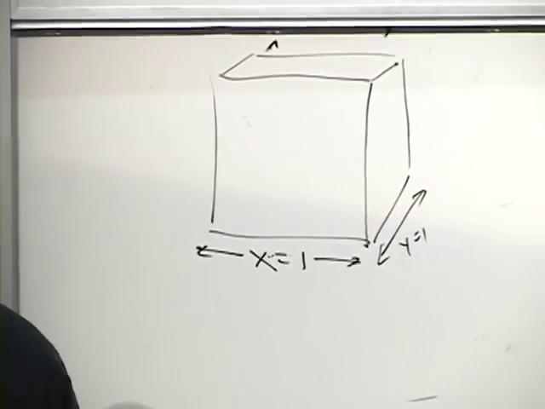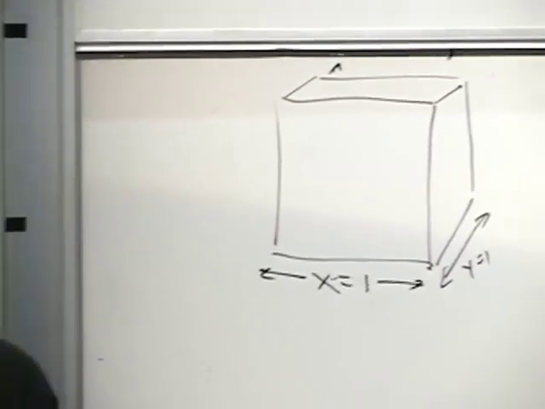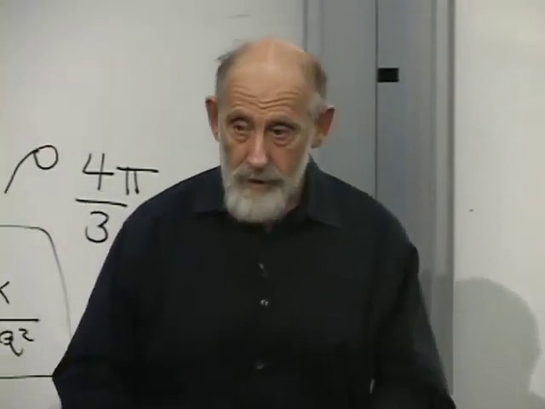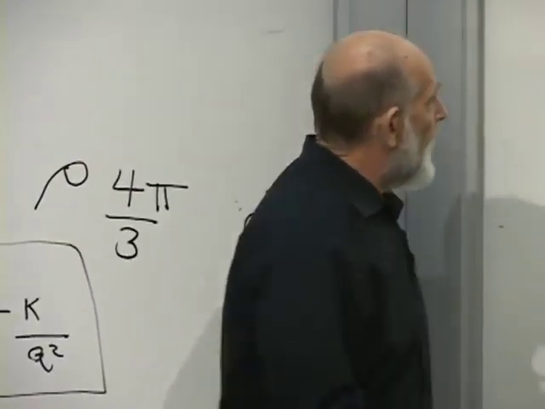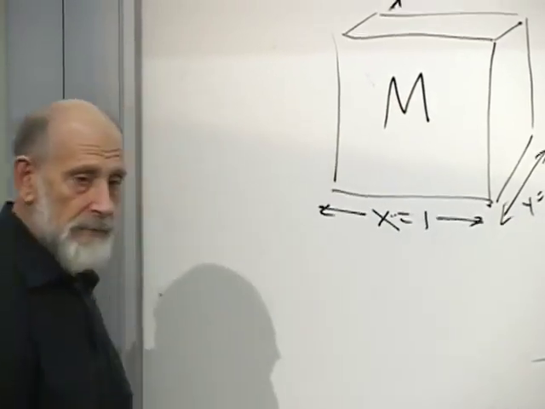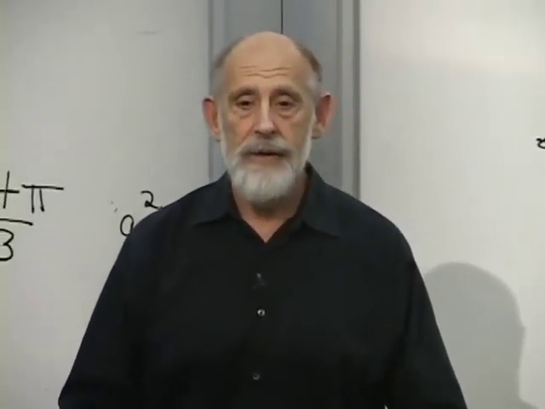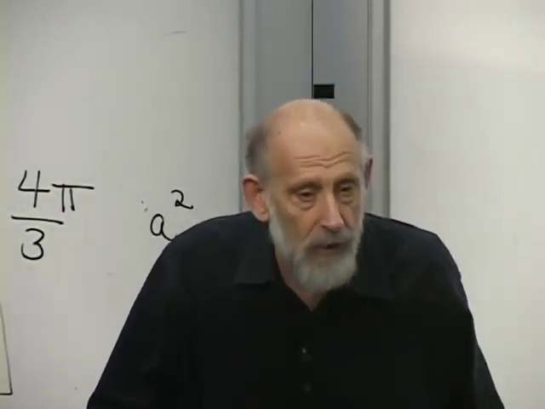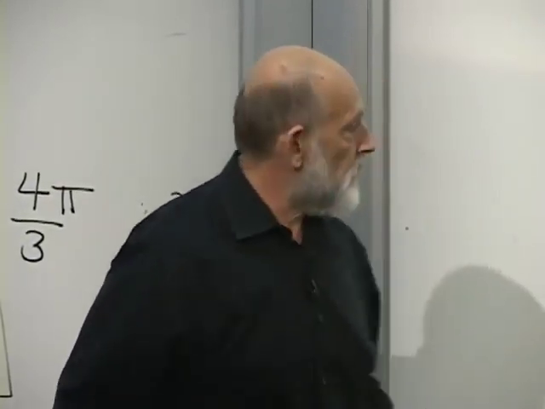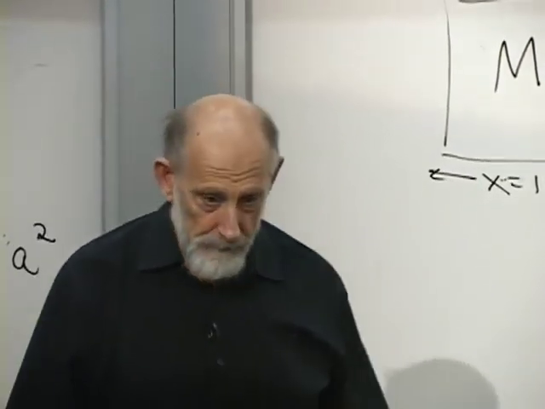So it's a cube. It's not a cubic meter in size. It's just a cube in coordinate space, 1 unit on a side. And let's suppose that there's a mass m inside it. Okay? So in a cubic coordinate volume, 1 coordinate unit on a side, let's suppose there's a total mass m.